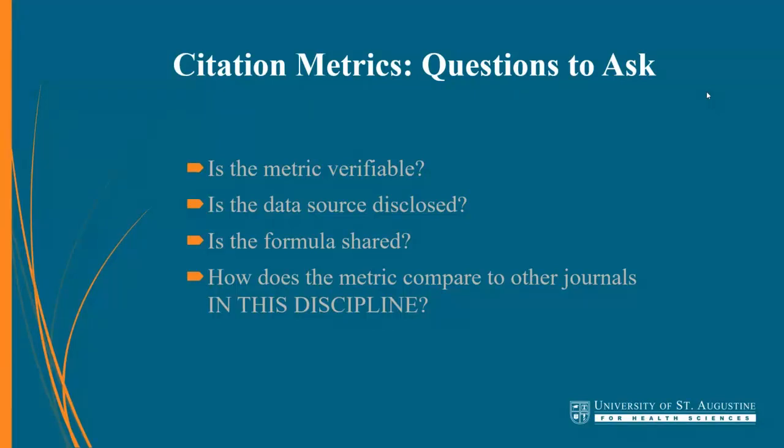Wherever that is, do they disclose exactly what's included in that data set so that you know if things are missing, which journals are included in that calculation, or is there a really important journal that's being left out of it, or are they bringing in the altmetrics, which brings in social media mentions, public policy mentions, things like that, because that makes a big difference in what those numbers look like.